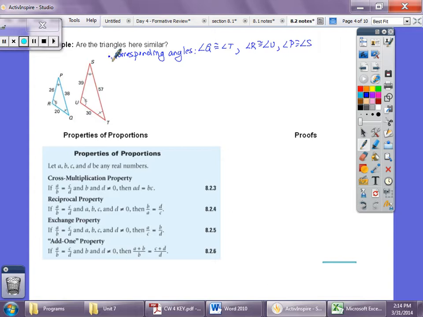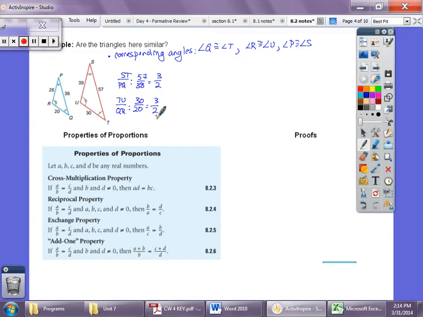Now we need to look at the sides. Are the sides proportional? Okay, so if we look at ST and PQ, this is 57 over 38, which simplifies to 3 over 2. So that's the first side. Then we have TU to QR, which is 30 to 20, which also gives us 3 to 2.